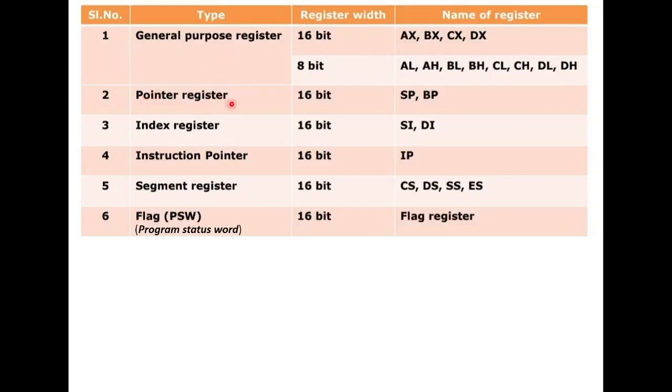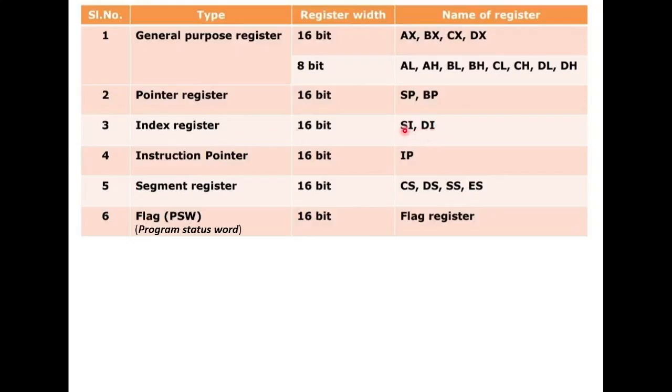Next one is the pointer registers. There are two pointer registers, SP and BP. SP means stack pointer, BP means base pointer. These pointer registers are used for addressing the stack segment, and both are 16-bit long. Next one is the index registers. We have two index registers, source index and destination index.